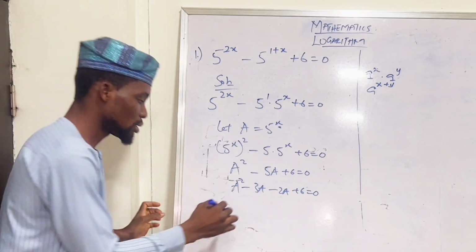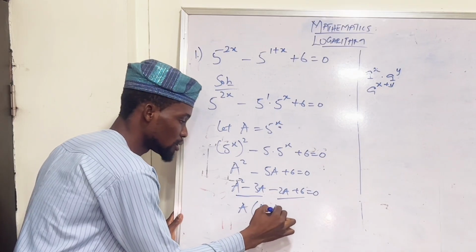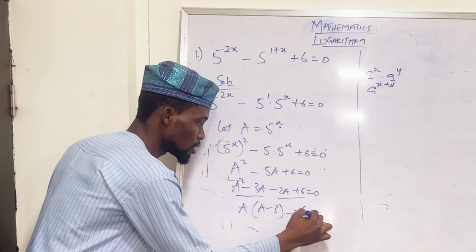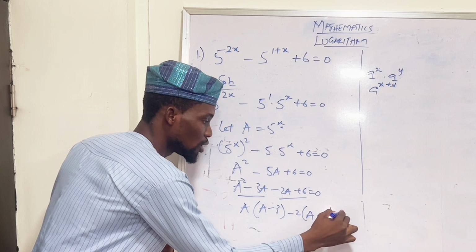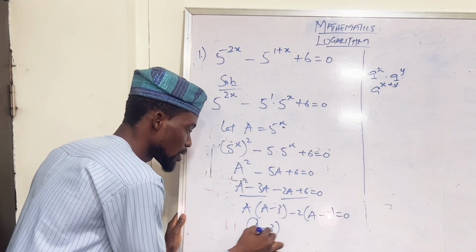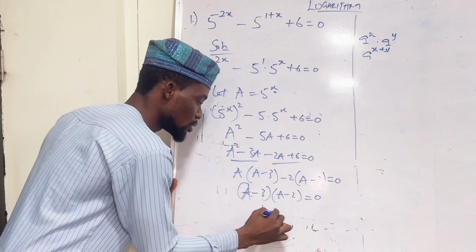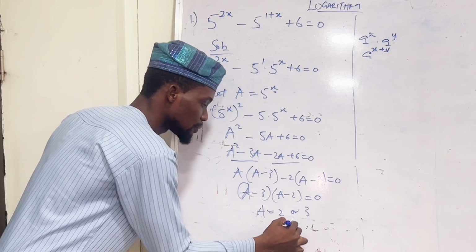And at this point, factorizing gives us a into a minus 3 minus 2 into a minus 3 all equals to 0. Finally, a minus 3, a minus 2 equals to 0, and a equals to 2 or 3.